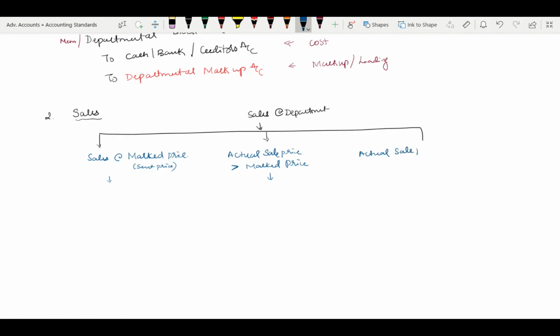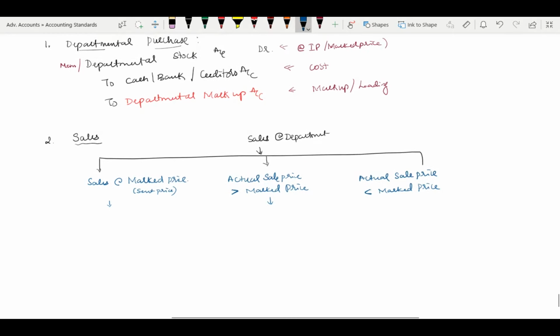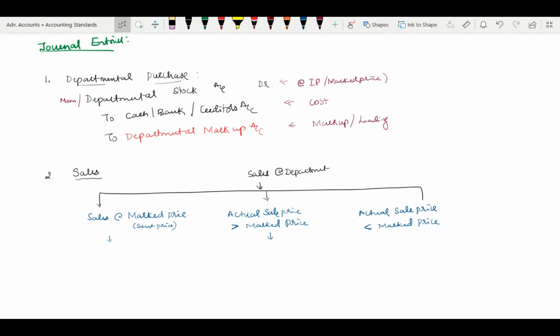Actual sale price is less than market price. Correct? So here, if you want an example, you can take it here. Departmental stock.